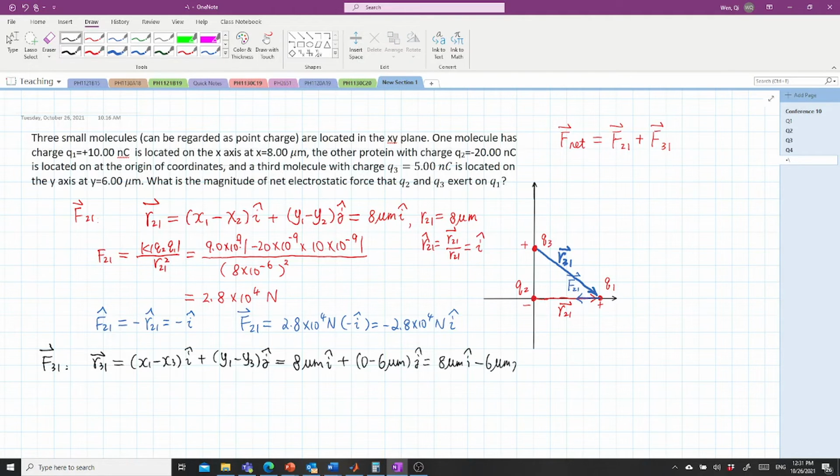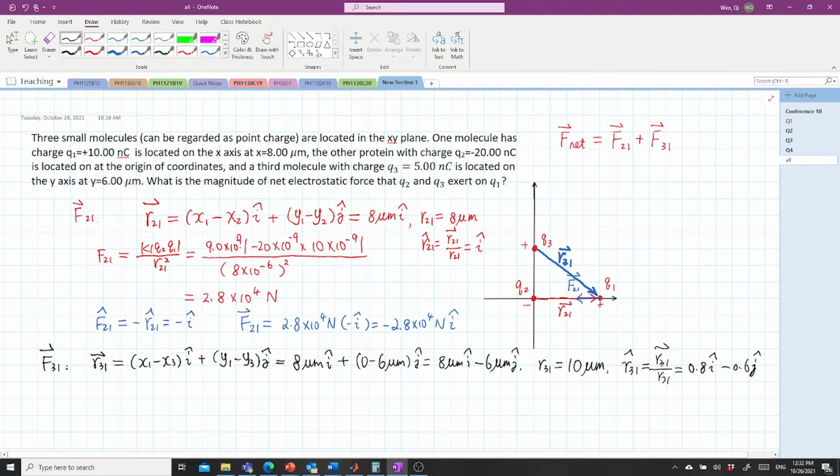The magnitude of R31 would be the square root of 8 micrometers squared plus 6 micrometers squared. 64 plus 36 is 100, so the square root is 10 micrometers. The unit vector R31 hat is R31 divided by its magnitude. The x component is 8 divided by 10, which is 0.8, and the y component is 6 divided by 10, which is 0.6, in the negative j hat direction.